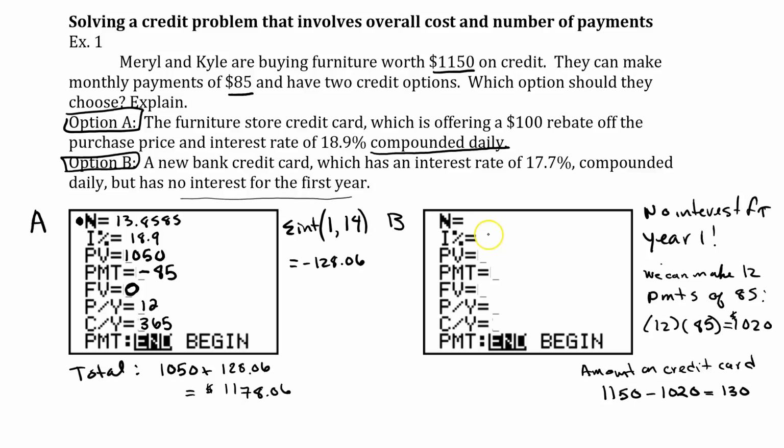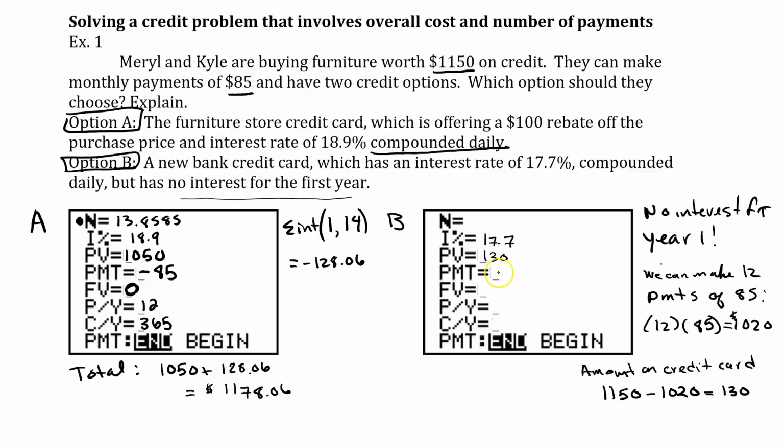So when we fill this in, we're saying, yeah, we got a 17.7% interest rate. The present value that we're going to have to collect interest on, because we don't need to use the TVM solver if there's no interest, right? The TVM solver only comes into play when interest is being collected. So it's going to be $130.